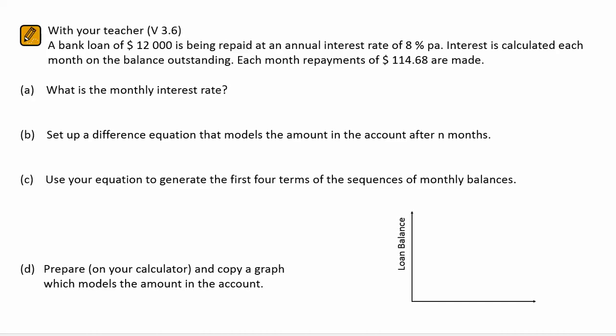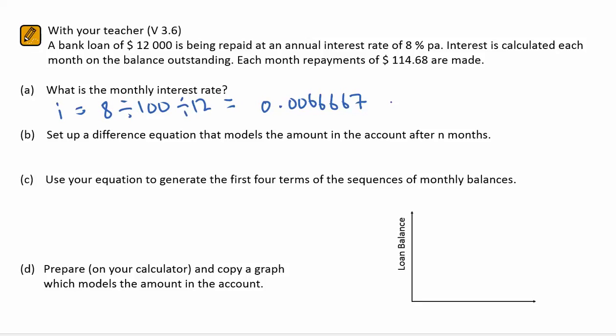So to find the monthly interest rate, I is equal to 8 divided by 100 as a percentage, divided by 12, and I end up with 0.00666, rounding it to 7.